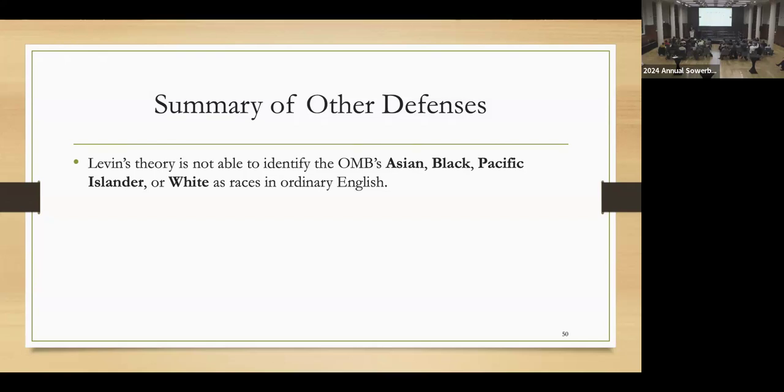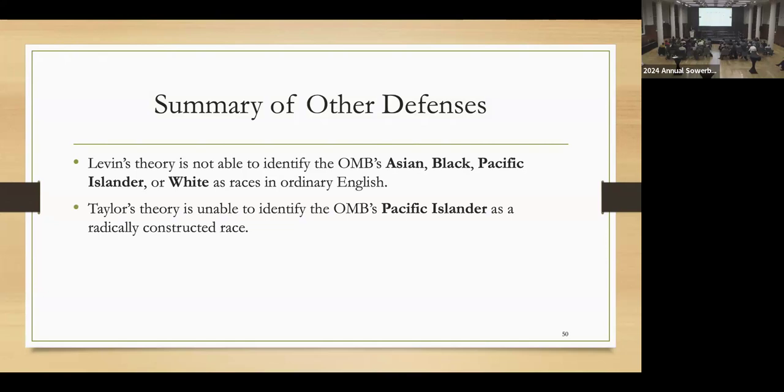And it turns out that all but one OMB race isn't going to count as a race in his system. So that's not going to work. Paul Taylor has a social constructionist theory of race, but that's actually going to also fail for Pacific Islander because that group is way too visibly divergent to count as a radically constructed race according to his race theory.